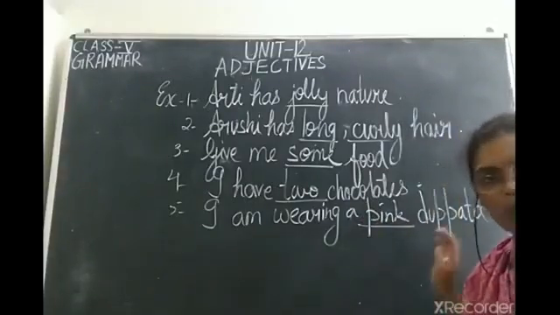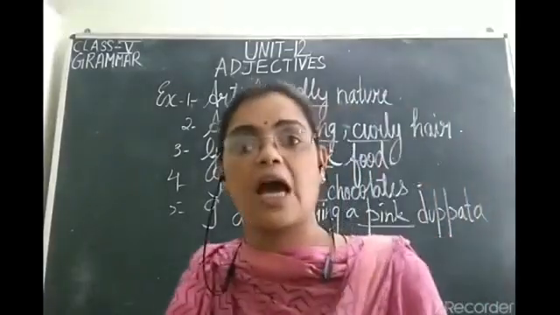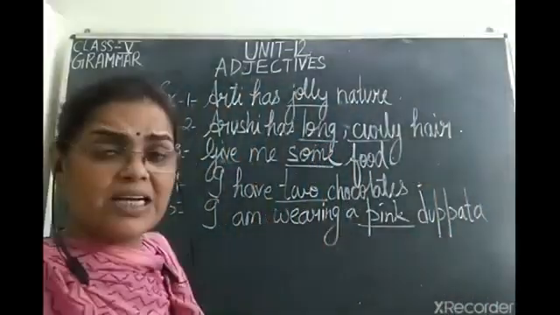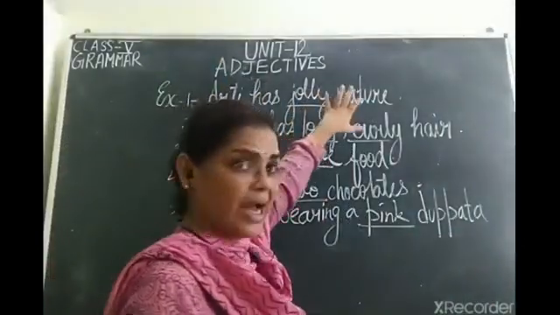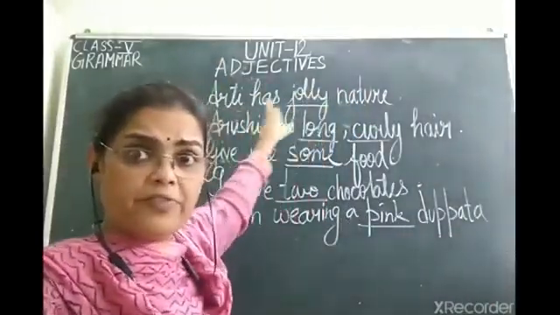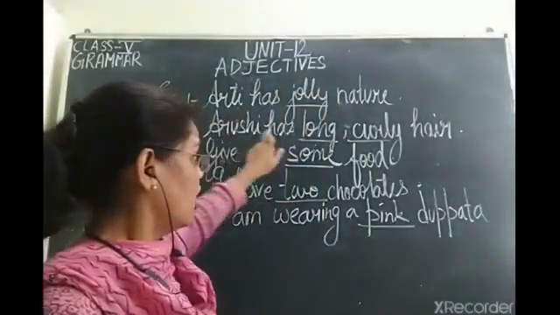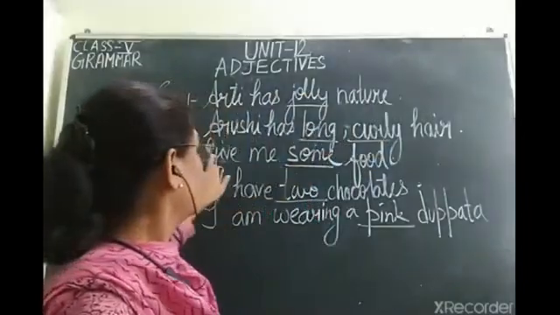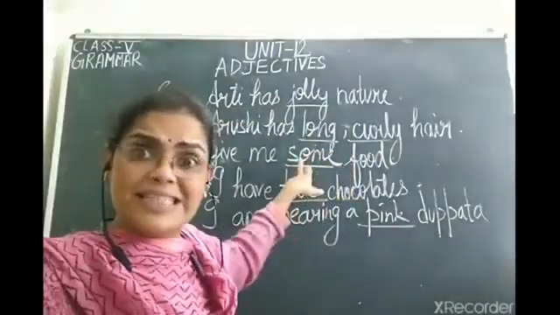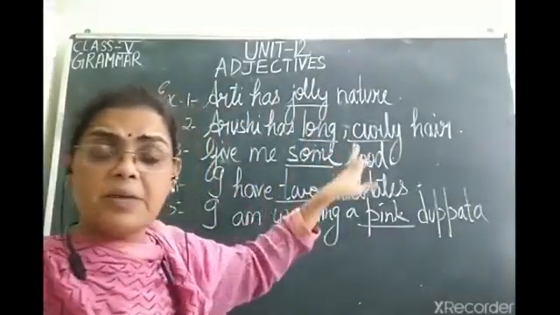Adjective. So, what are adjectives? Adjectives are describing words. They describe the noun or the pronoun. Jolly. What kind of? आंसर दे रहा है. What kind of nature? Jolly. Long and curly. What kind of hair? Long and curly. Give me some food. How much? Some. है ना? आंसर मिल रहा है how much.